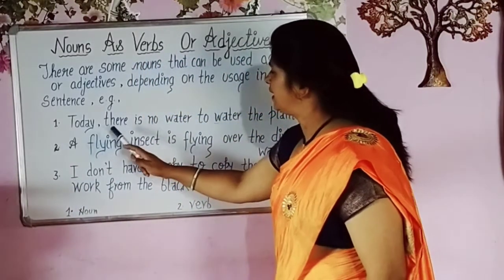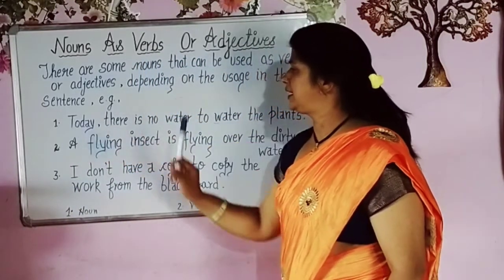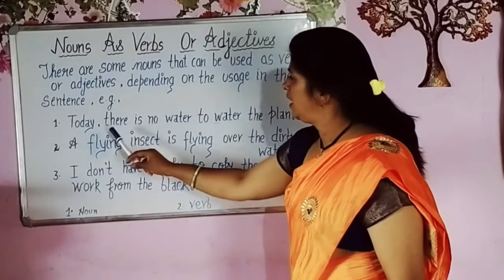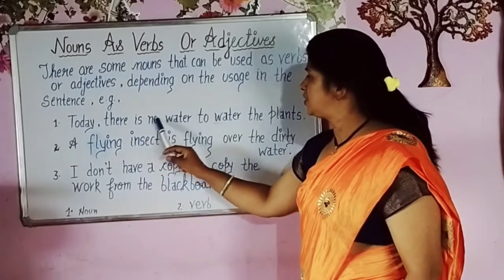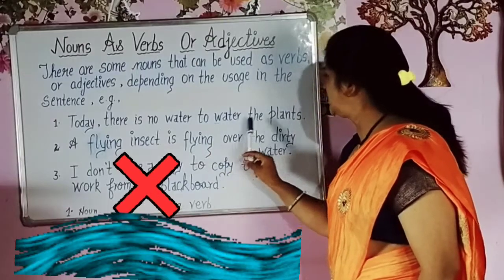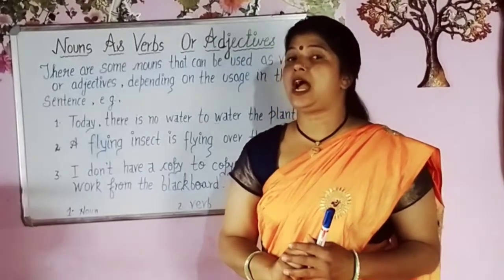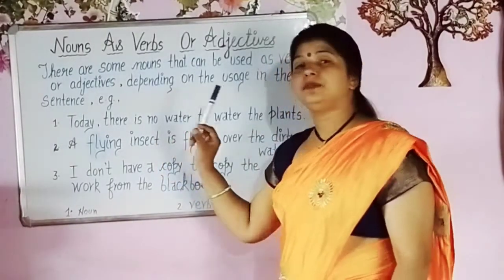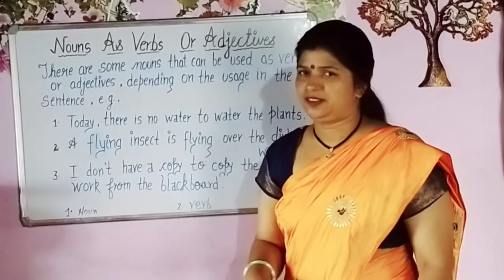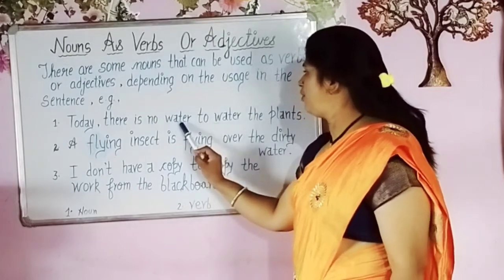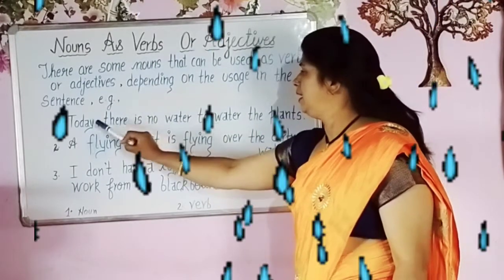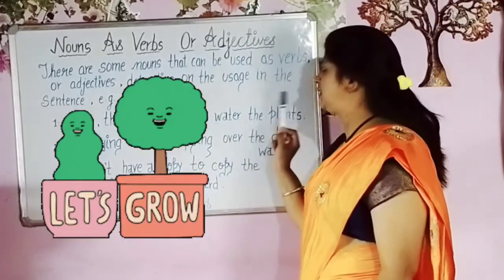See my dear little kids, the first example is: today there is no water to water the plant. In this sentence you are seeing that water is used two times, right?